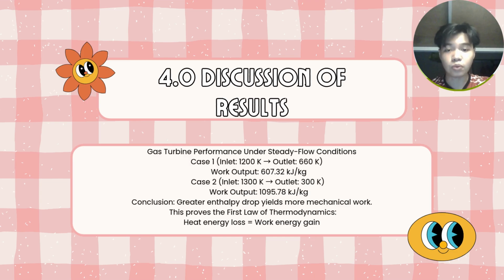But in case 2, with a greater drop from 1300 Kelvin to 300 Kelvin, the work output is much higher, at 1095.78 kilojoules per kilogram. This shows that a larger temperature drop gives more energy for the turbine to convert into useful work. It's consistent with the first law of thermodynamics, which states that the decrease in internal energy or enthalpy becomes work output.